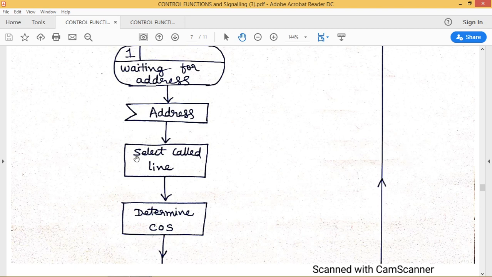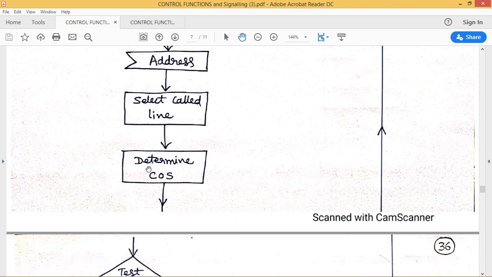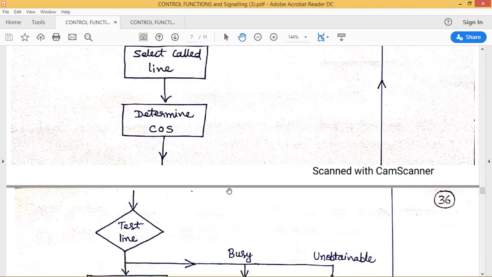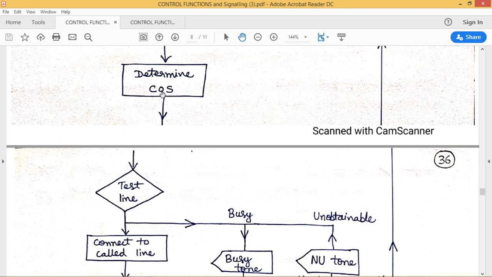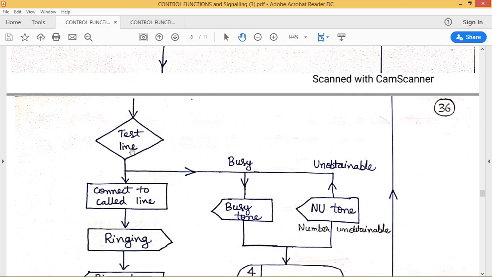That is, it will select the called line and then it will determine the terminating class of service, that is the class of service of the called person. So once it has decided, the exchange will check whether the intended called person's line is free or not.